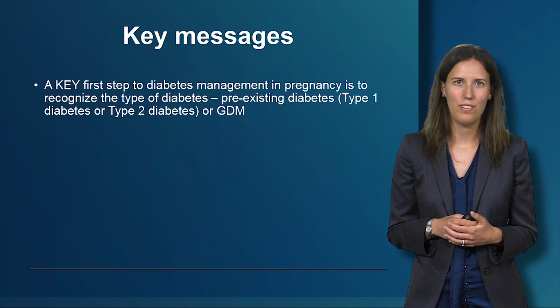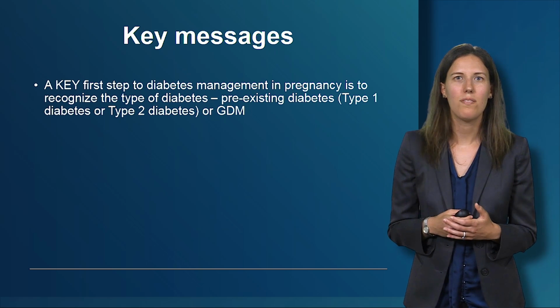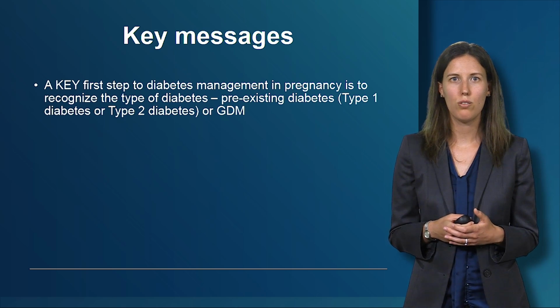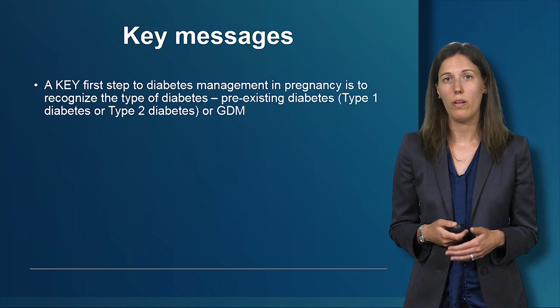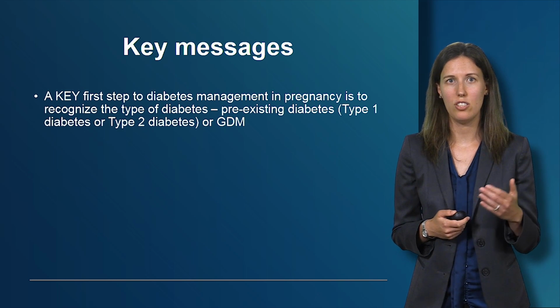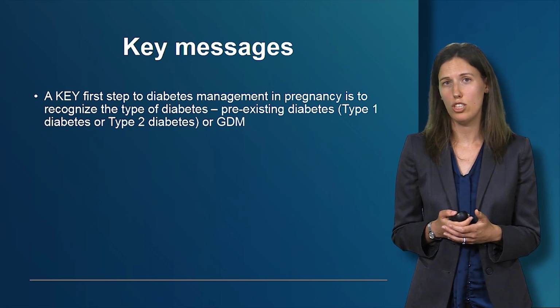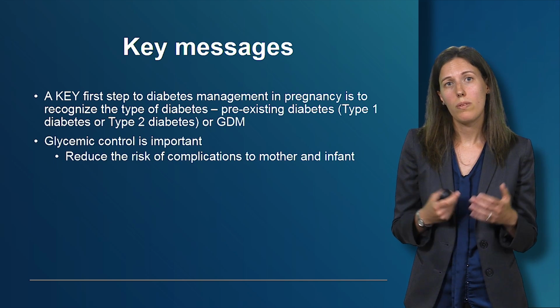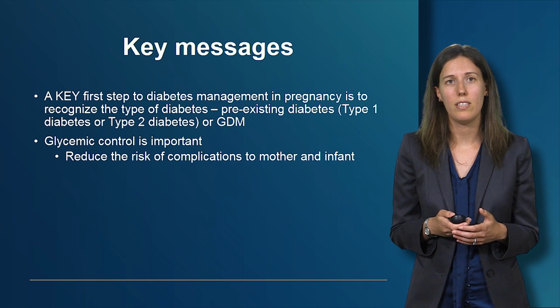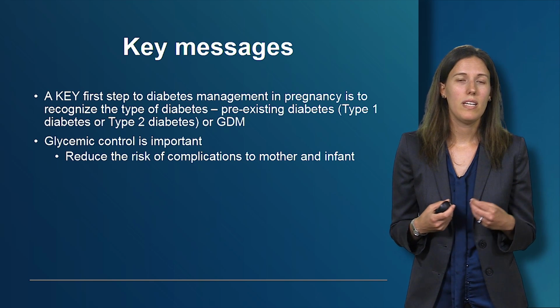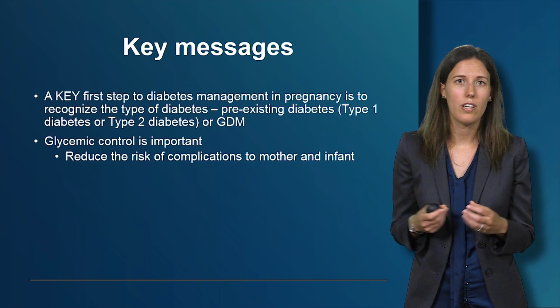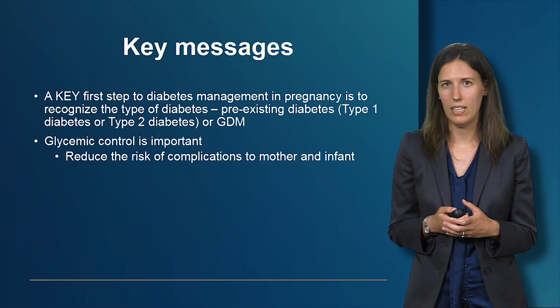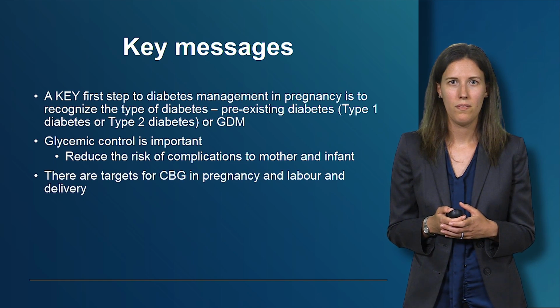The key messages for this presentation are that the key first step to diabetes management in pregnancy is to recognize the type of diabetes, whether it's pre-existing diabetes, such as type 1 or type 2 diabetes, or gestational diabetes. To recognize that glycemic control and blood sugar targets are important in pregnancy. They're important because titrating to target can help reduce the risk of complications to mother and infant.